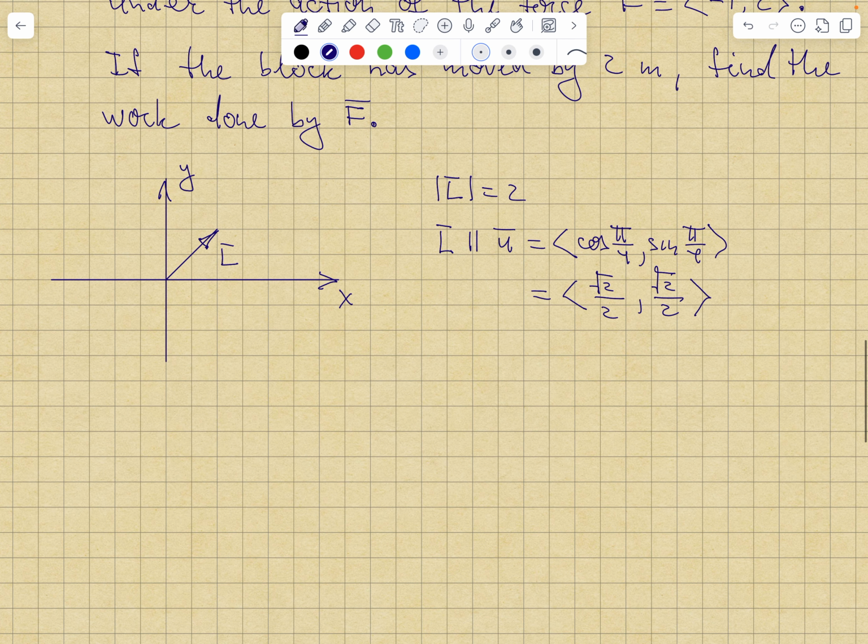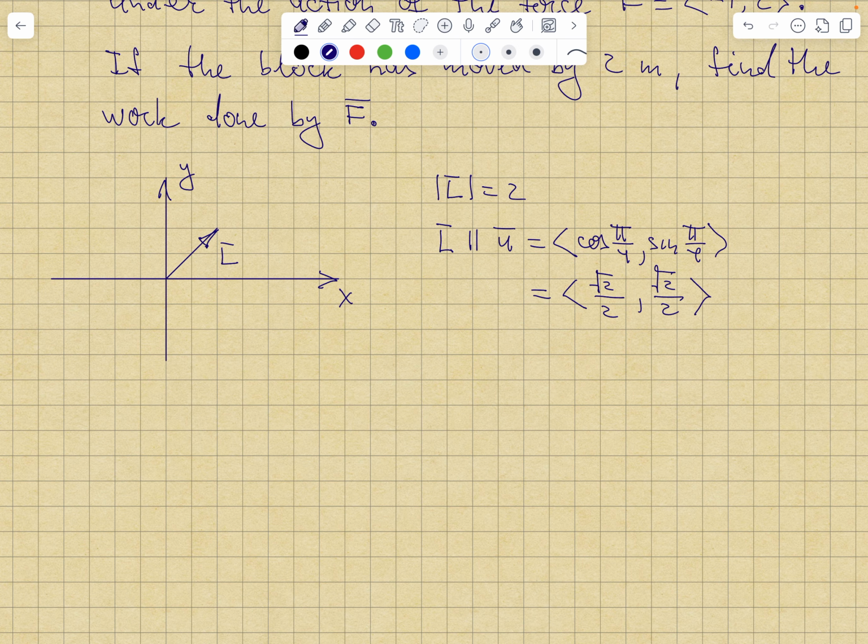So then, as usual, if I know the unit vector in the direction of L, and I know magnitude of L, then L itself should be equal to magnitude of L times U, and that is 2 times radical of 2 over 2, radical of 2 over 2. So L is square root of 2, square root of 2.